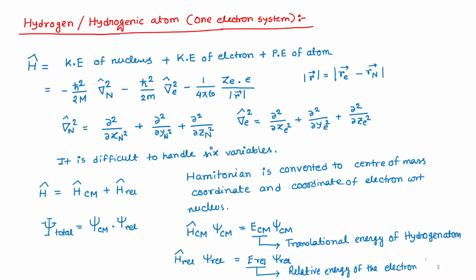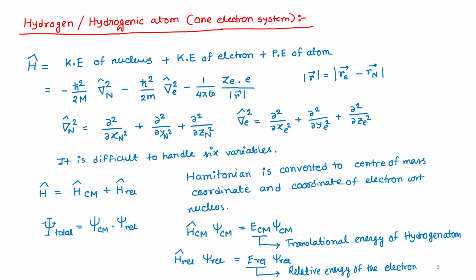That is why it is relative energy. Your electron is moving around the nucleus, and your nucleus is also having some motion.